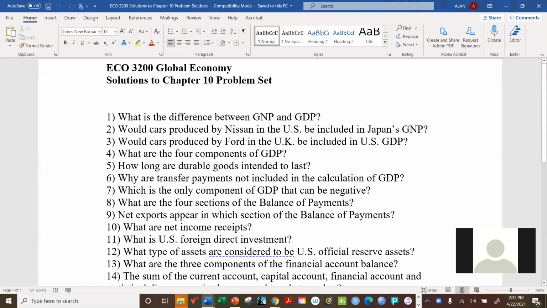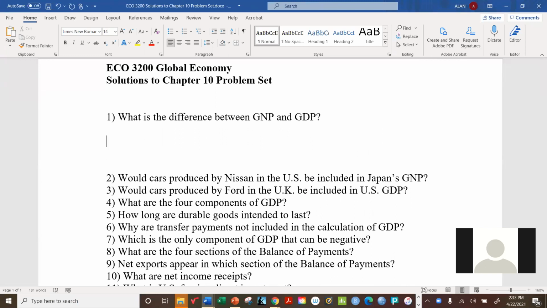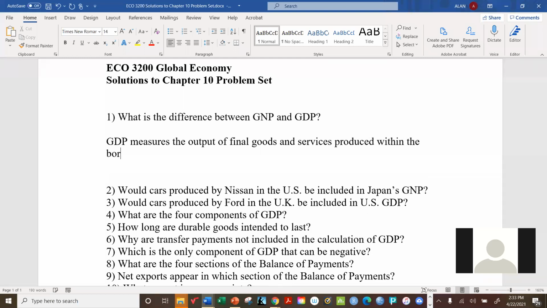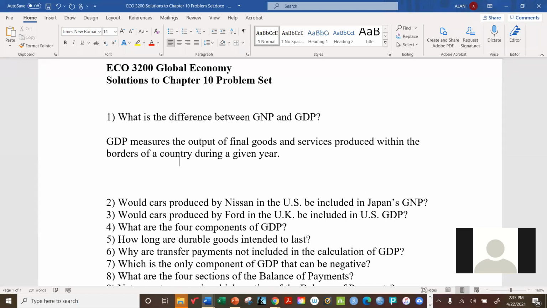So what is the difference between GNP and GDP? Well, GDP measures the output of final goods and services produced within the borders of a country during a given year.